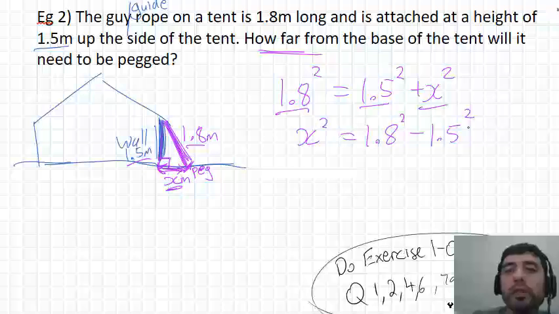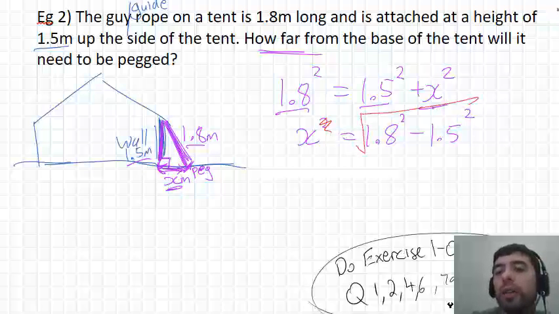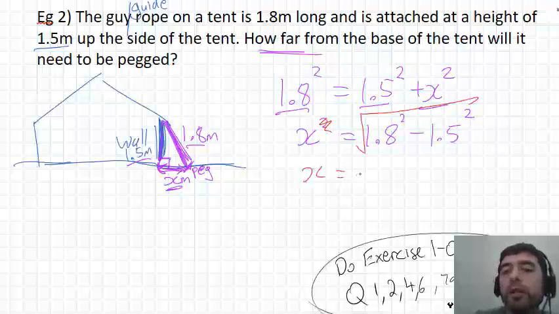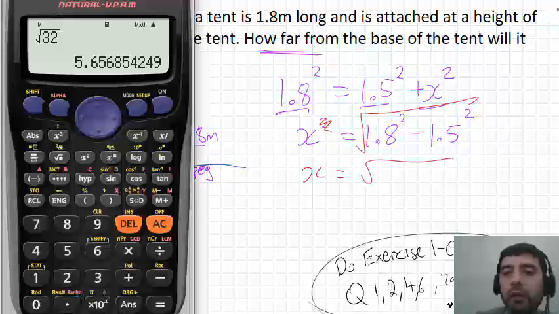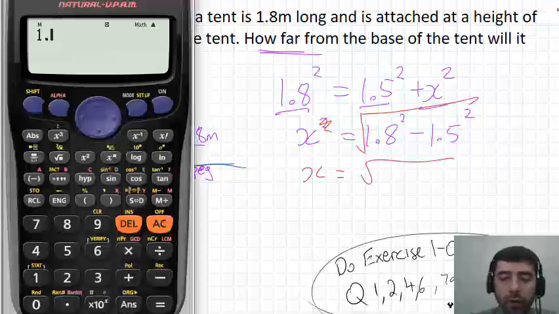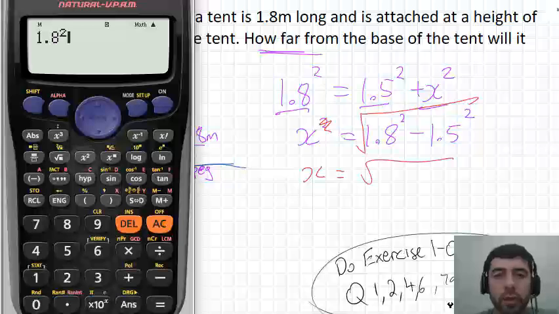If I want to be a super duper show off, like many of you know that I am, we could unsquare it right now and put that entire thing into the calculator. Most people won't. Most people will write x is the root of and let the calculator do that work for us. I want to know what 1.8 squared minus 1.5 squared is.